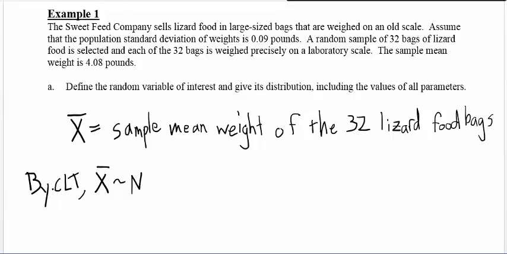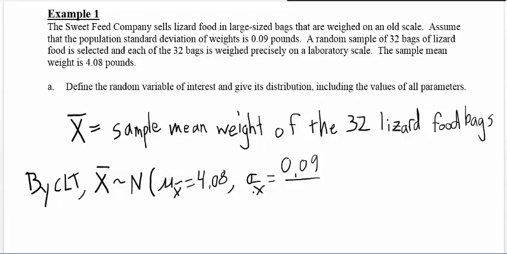We have a large sample, therefore the sampling distribution of x bar converges to a normal distribution, with a mean equal to 4.08. The standard deviation of x bar is the standard deviation of the population divided by the square root of the sample size.